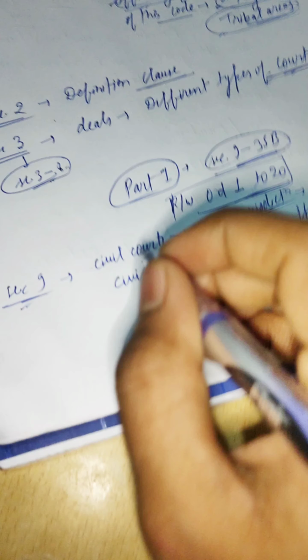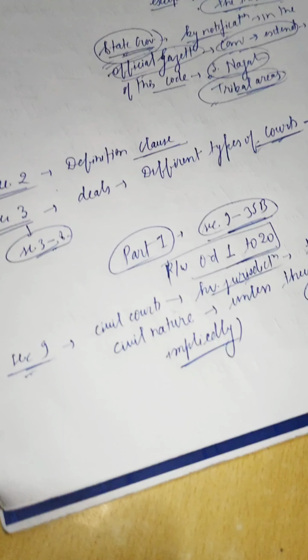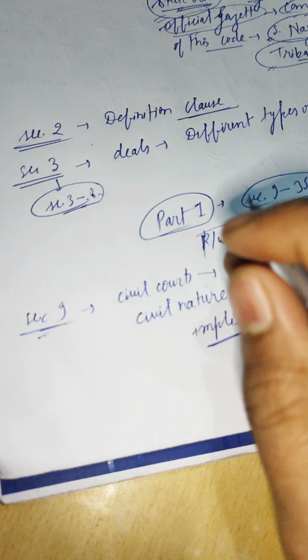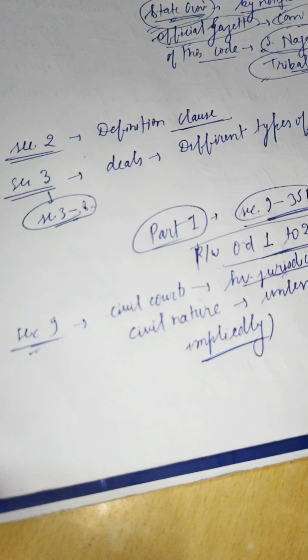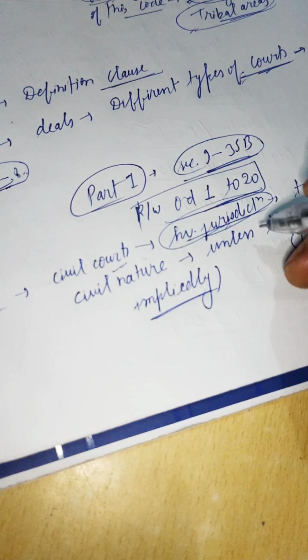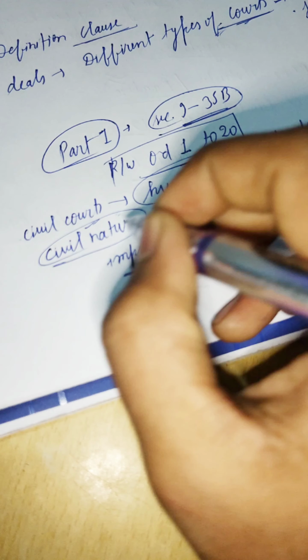So section 9 deals with the jurisdiction of the civil courts. It gives the general provision that all the civil courts have jurisdiction over suits which are of a civil nature.